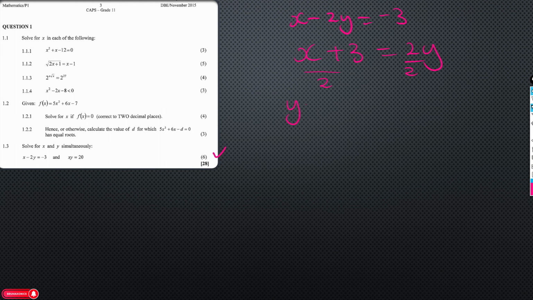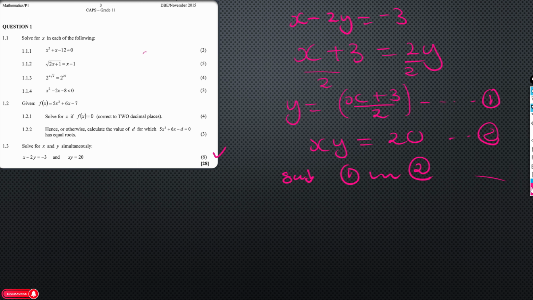So meaning that I'll have y, which is equal to x plus 3 all over 2. So I'm going to make sure that this is my equation 1, and then my equation 2 will be xy, which is equal to 20, right?